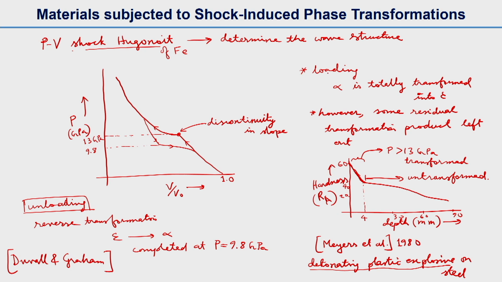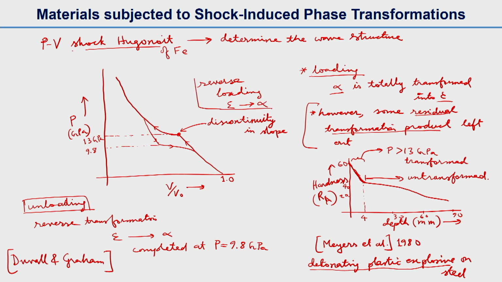Oh sorry, so what I wrote here is loading. That is correct, that during loading alpha phase totally transforms to epsilon, but what we talked about here is the residual transformation product. So we should have written that this is actually about reverse loading, from epsilon to alpha.